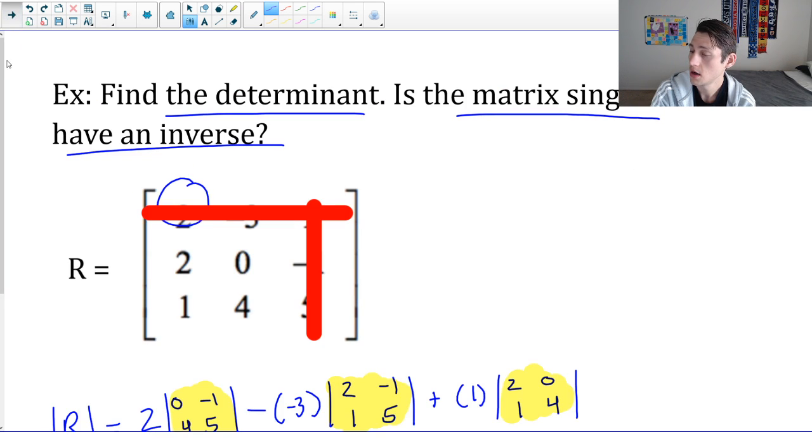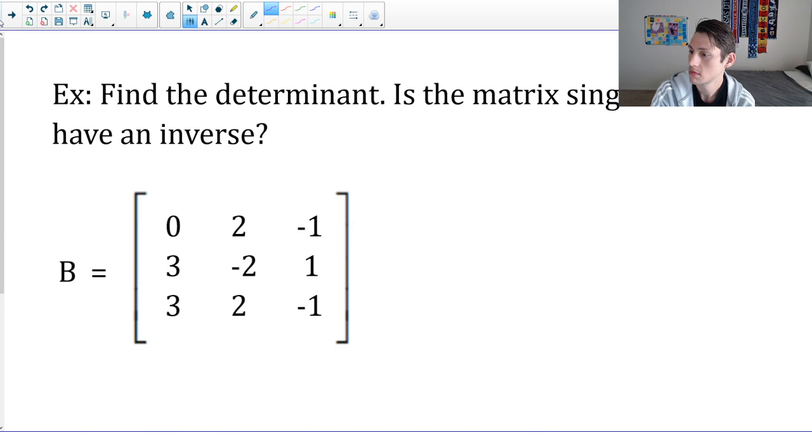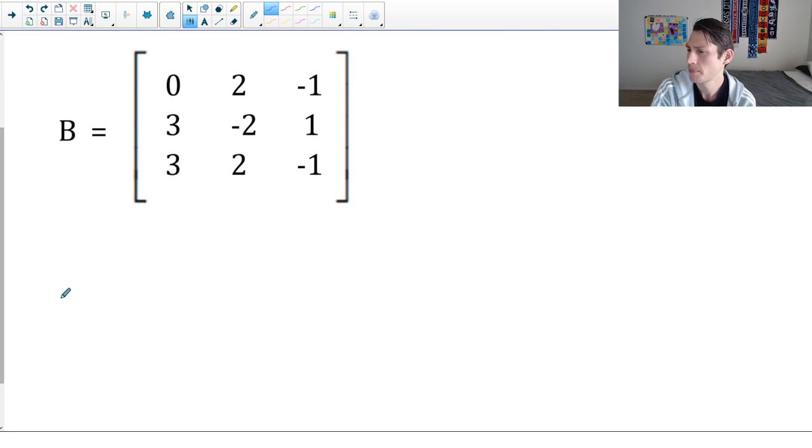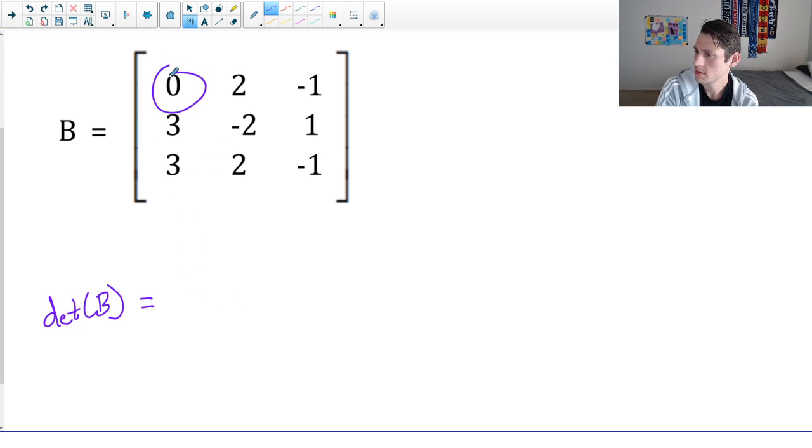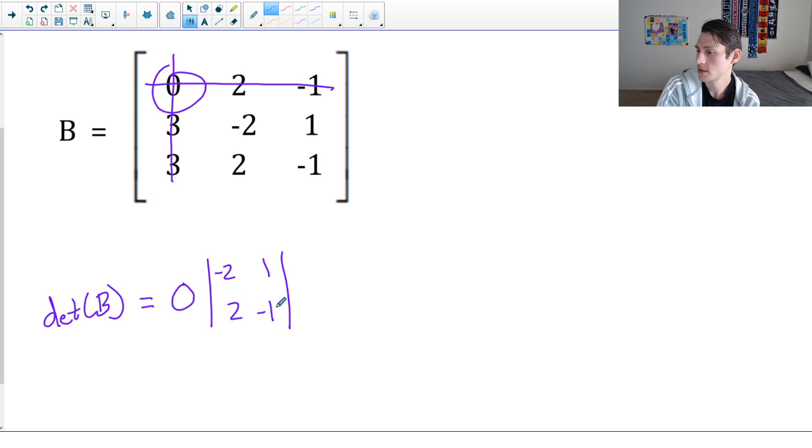Okay. Let's go ahead and do one more. Oh, did I skip this one? Oops. Okay. The determinant of B. All right, well, this is going to be pretty easy. So check it out. 0. Cross out that column. Cross out this row. So -2, 1, 2, -1.